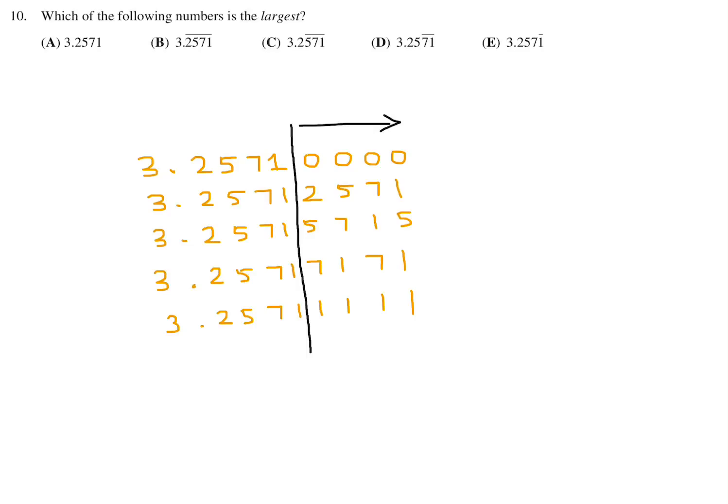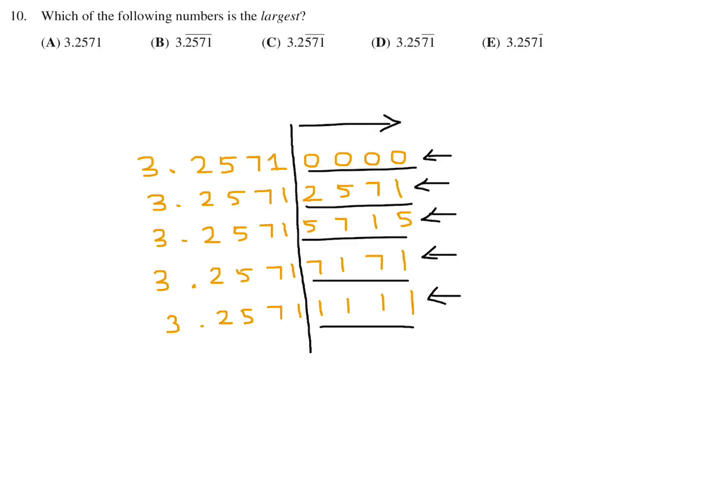Well, of these numbers, just the 4 digits there, which one is the largest? Well, I hope you can clearly see that it is this one right here. So that means that this number is the largest among that group, and that one was D. So number 10, the answer is D.